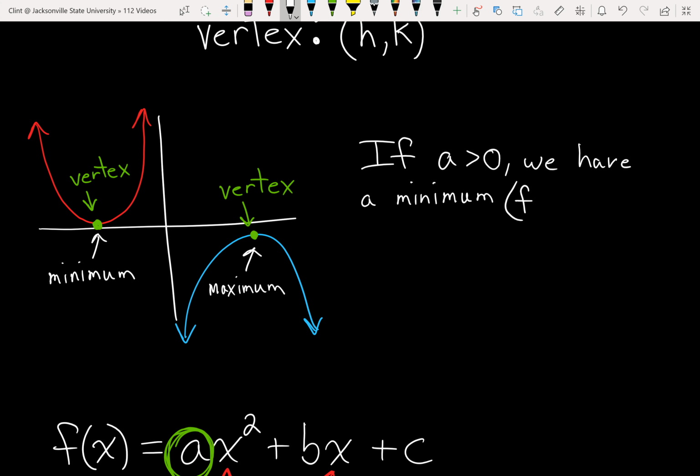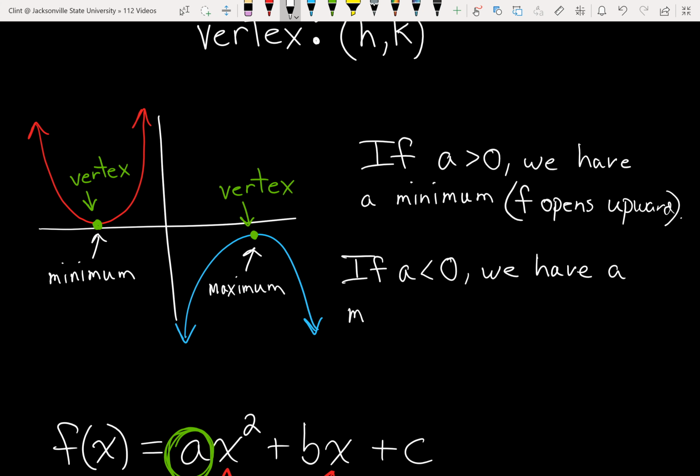Or we could also say f opens upward. It opens upward if a is positive, so we have a minimum value. If our leading coefficient a is negative, then we have a maximum value. Or you could say f opens downward.